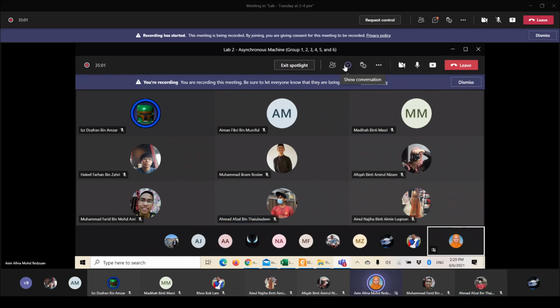Okay, first, try to find the information on the asynchronous machine. Just brief information. Try to find a suitable source, rather than just Google it.